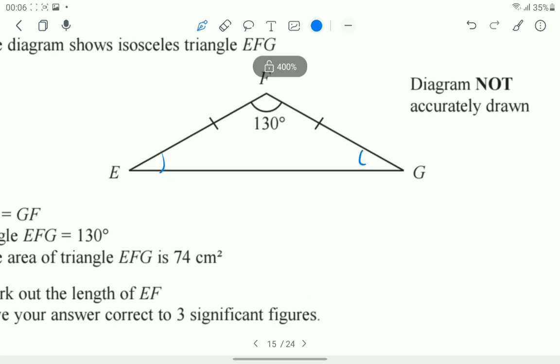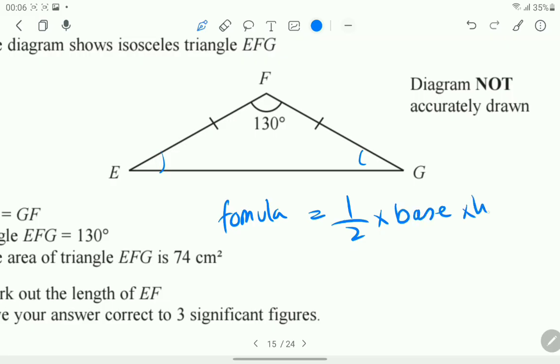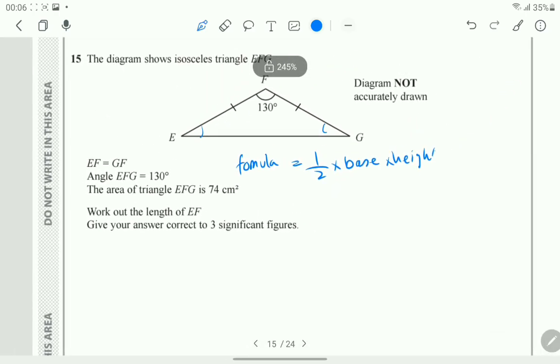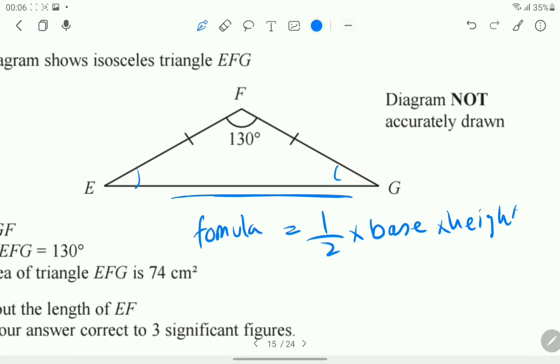So the formula for area is 1 by 2 into the base into the height. This is the formula for the area of a triangle, and the base in this case is this, and the height in this case would be an imaginary line stretching from F to a point, let's say M, midpoint, because this line is divided into two equal halves by this point M if we were to cut it in half.